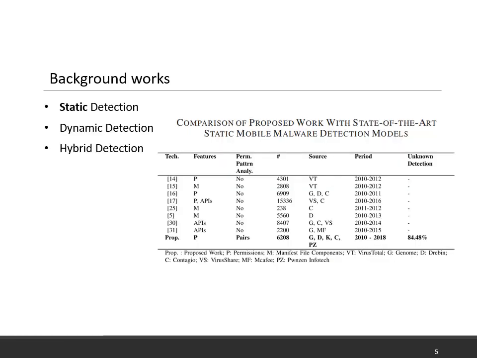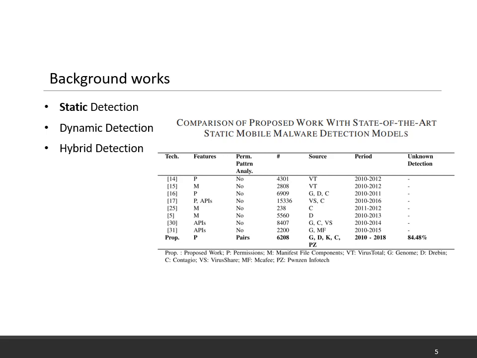Now let's talk about the previous methods developed to detect Android malware. Before explaining, I should say that every Android application consists of a file, the Android manifest, which shows the permissions and the parameters required by this application.